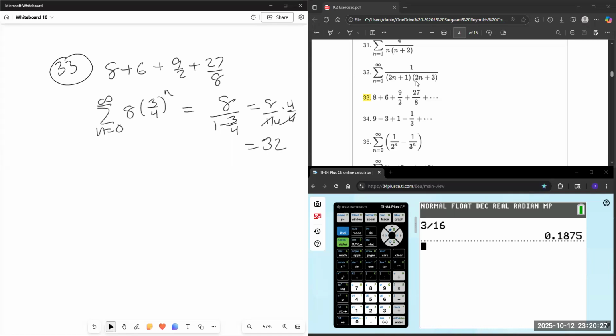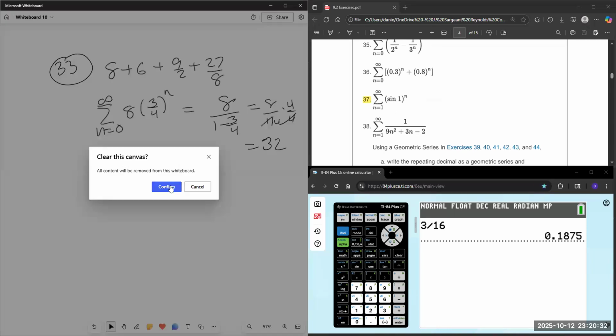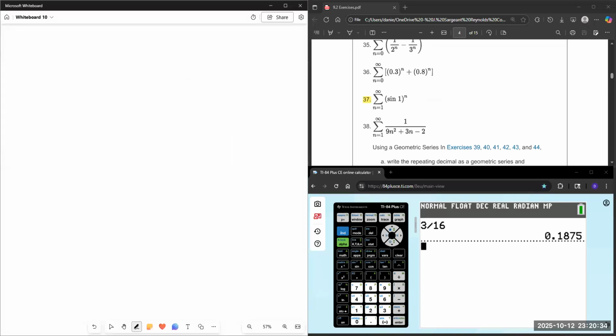Right. Let's look at this next one. This is the one that I was referring to that's a little bit tricky because they index it at 1. So n equals 1 to infinity of sine 1 to the n. So I'm going to have to say, well, this is really sine 1 plus sine 1 squared plus and so on.